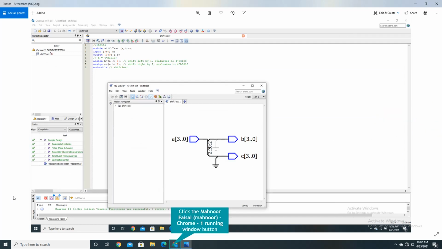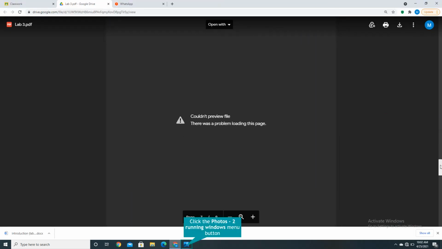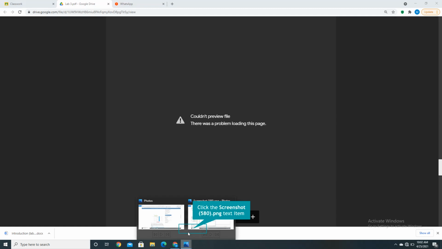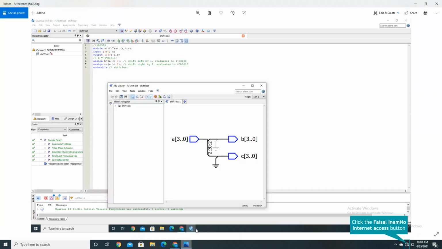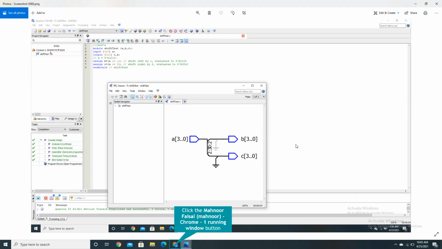Okay, after that there is the shift test, and now the shift test would be explained over here.